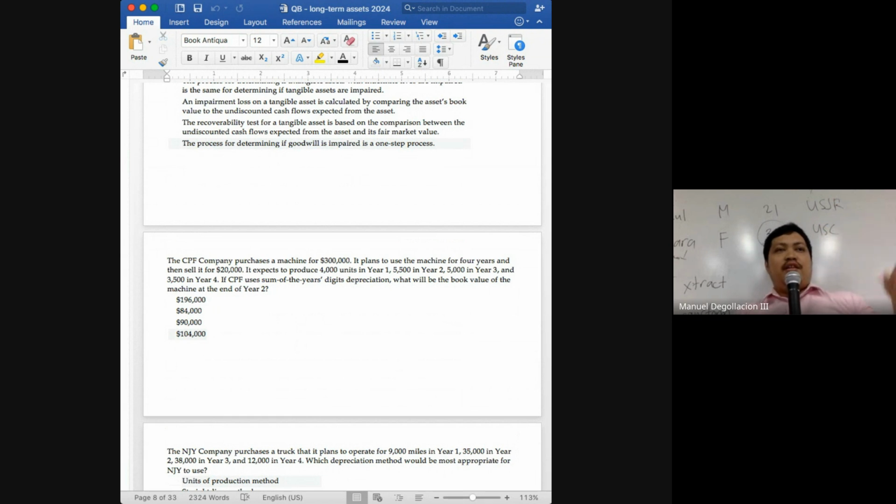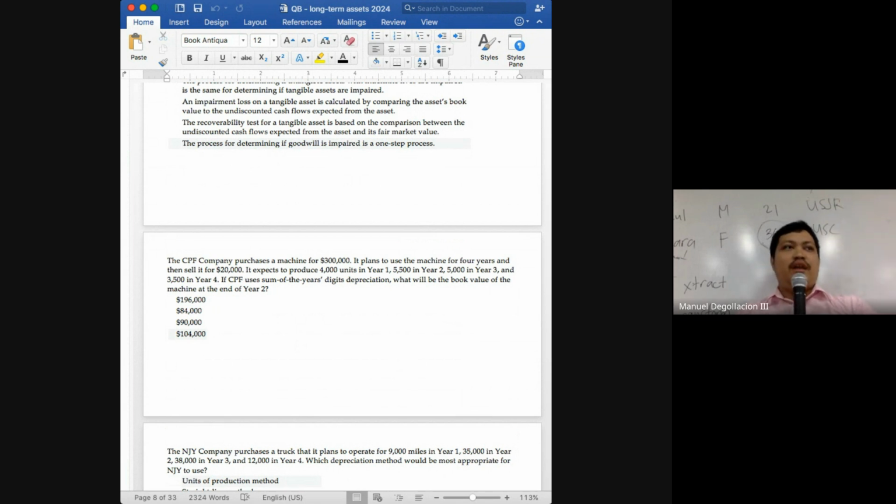So what will others do? They will multiply 3 over 10 with 280. And that should be helpful. How much is 3 tenths of 280? 84. But why is that not the correct answer? Because if you use the remaining fraction, make sure to add back the residual value.